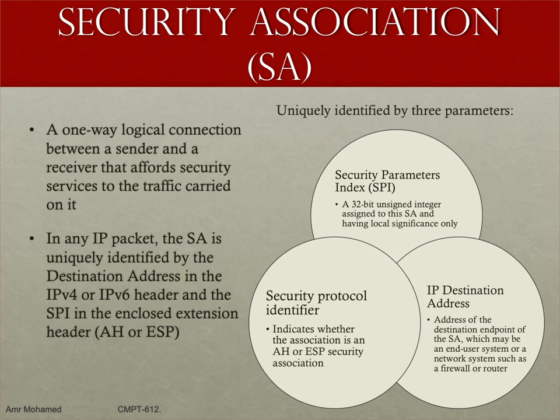But here we cannot do that because IP is in fact connectionless. And it's unreliable as well, right? So that's why we have to provide a security association for one direction, and the security association in the other direction has nothing to do with this. Okay? So it has to be one way for securing the communication going in one direction.